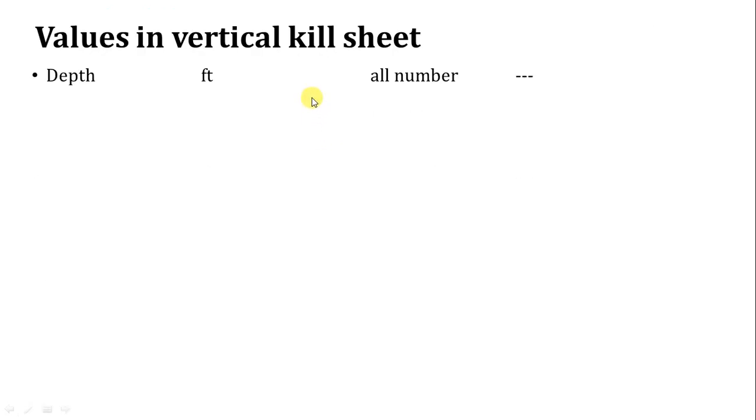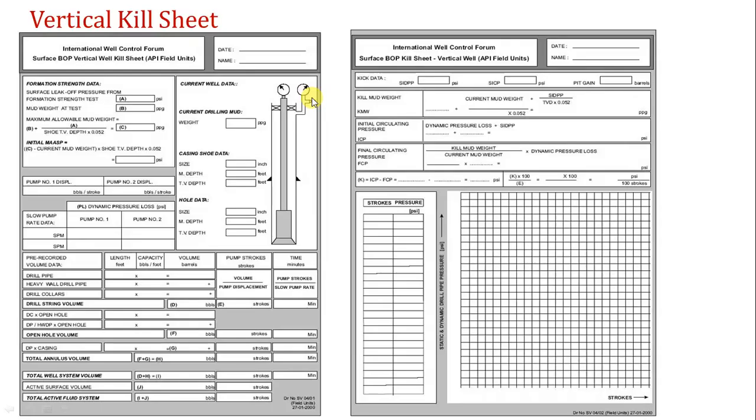Here you also have to know something. In the kill sheet, an answer is either correct or not correct. So if I told you that the mud weight is 13.85, for example, and you have to round up to 13.9, but you round down to 13.8, it will be wrong.